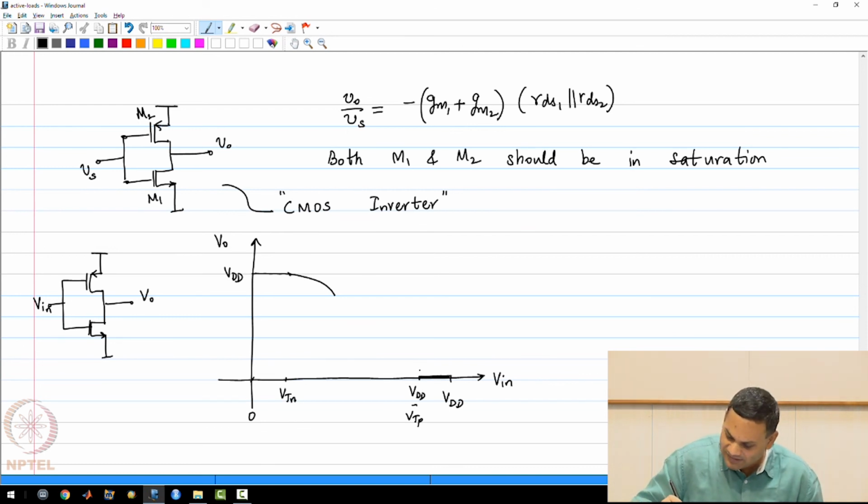Eventually the NMOS transistor hits triode, and it starts to conduct with the PMOS transistor being in saturation. Now there is the center portion where both transistors are in saturation.